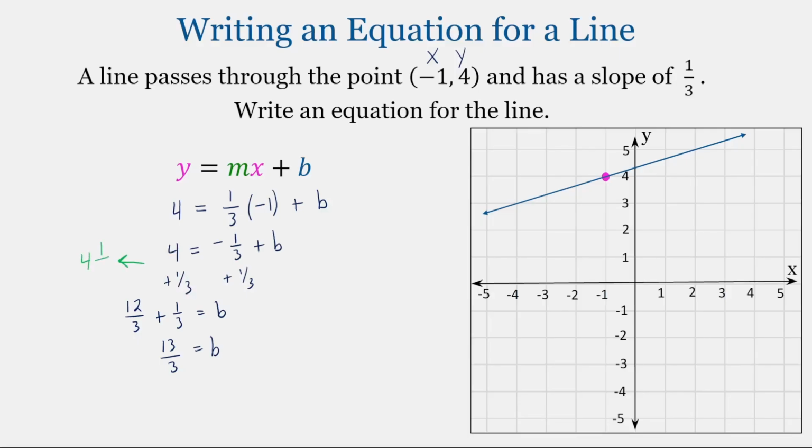So you could have added this without finding a common denominator, and then potentially convert this to an improper fraction next. But regardless, we now know the y-intercept, and we were given the slope, so we can go back to this slope-intercept form. We have y equal to 1/3 x plus 13/3.